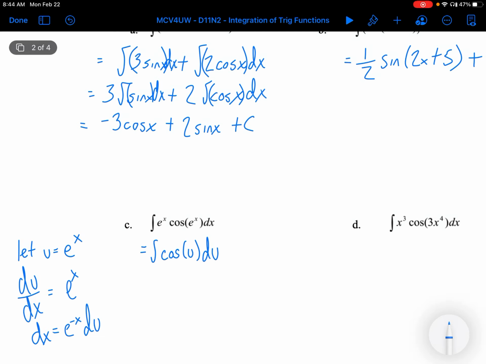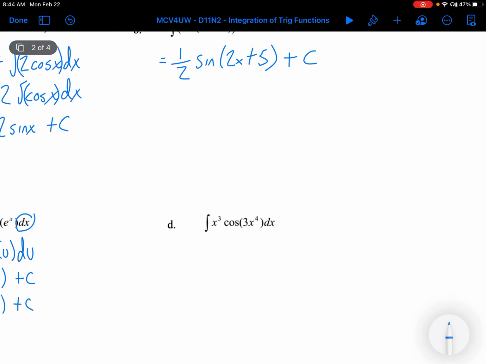So you've got a nice integration to do, which is just going to be sine u, and then plus c, which is going to be sine e to the x plus c. Okay, when you're going through this, this value, when I substitute it in, is going to cancel out that, and we're substituting in for this. So we're going to be adding the du at the end, and it's going to cancel out the e to the x.